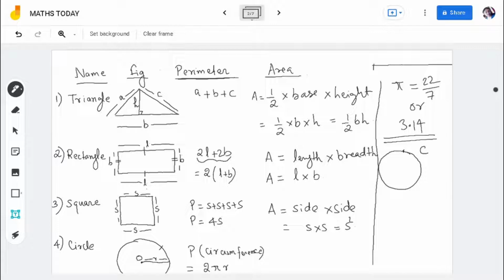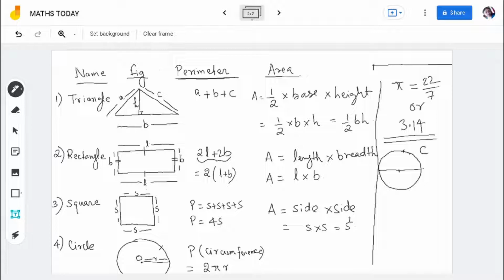Let's denote it by C. And we can measure its diameter too. Any circle we have drawn, or made with a wire, we can measure its circumference easily, as well as its diameter.